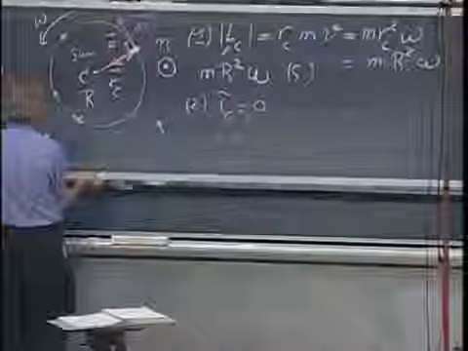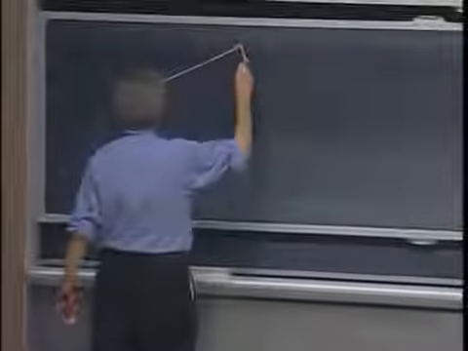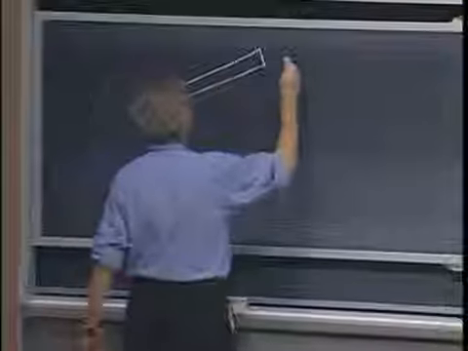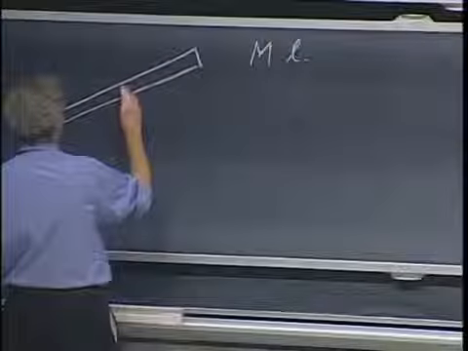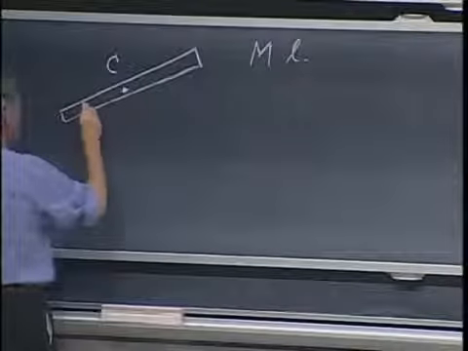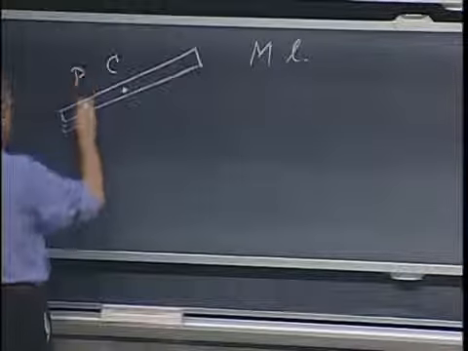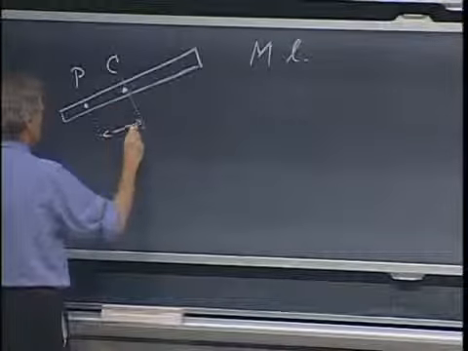Now I take another example whereby angular momentum is only conserved relative to one point, but not to any other point. I take a ruler or a rod, and the rod has mass m and length L, and C is the center of mass of that rod, but I force it to spin about point P. And this distance is d.